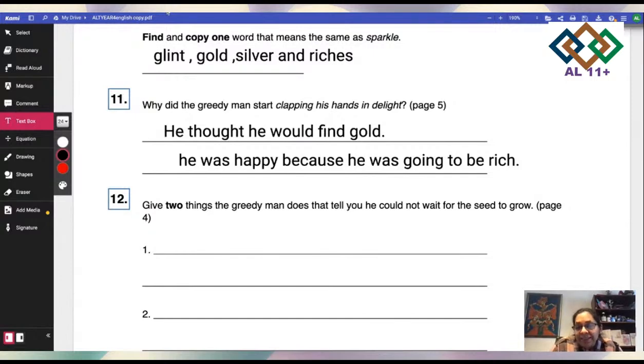What are the two reasons in the story you could find in the comprehension, which tell you two things the greedy man does that tell you he would not wait for the seeds to grow? Because he was really anxious to get rich. Remember that he was a greedy person.